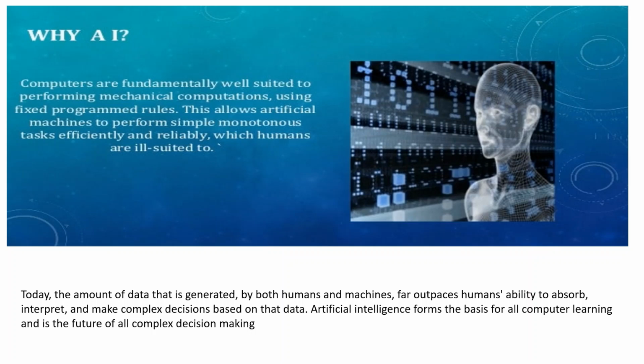Today, the amount of data generated by both humans and machines far outpaces human ability to observe, interpret, and make complex decisions based on that data. Artificial intelligence forms the basis for all computer learning and is the future of all complex decision making. When we have some data, we can make decisions based on that.